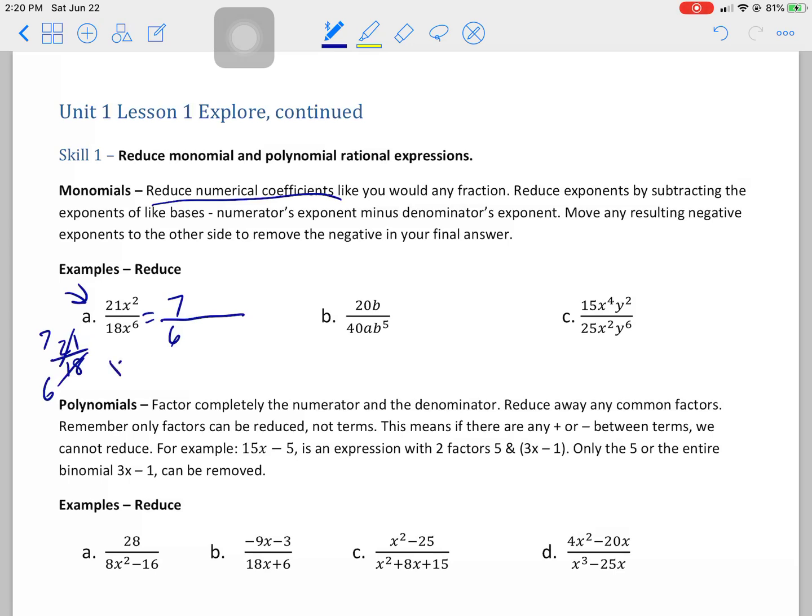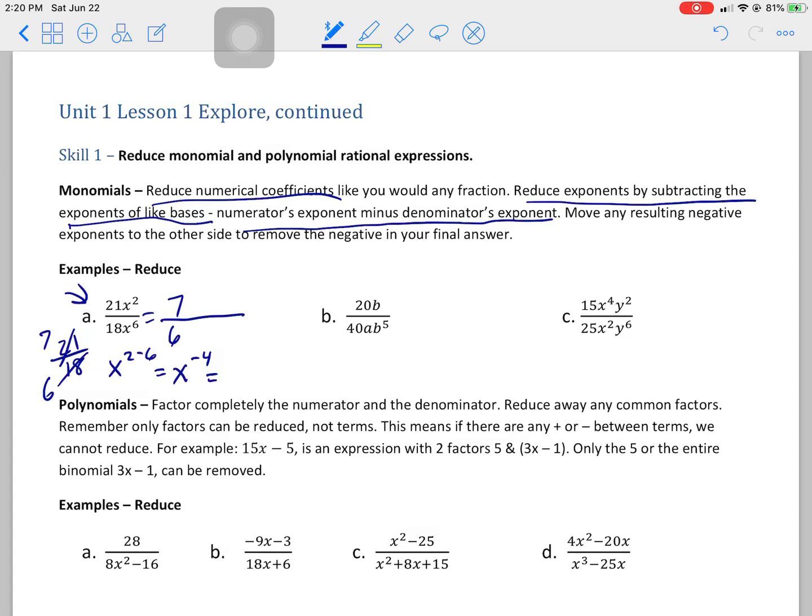And then notice that I have x squared on top minus 6, because when you reduce exponents, you're subtracting the exponents. So the numerator exponent minus the denominator's. This division bar is like a subtraction to exponents. So you're going to get a -4.